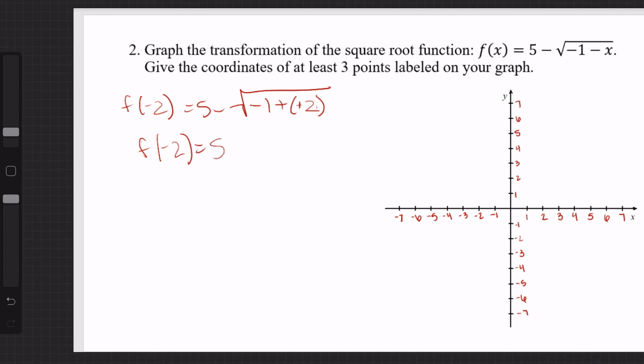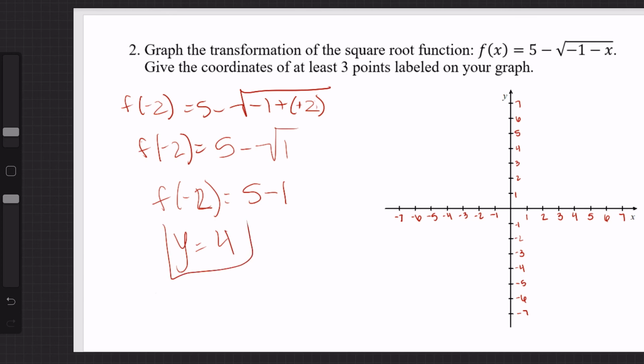So then it's 5 - √(-1 + 2), which gives us 5 - √1, and any root of 1 is just 1, so that gives us f(-2) = 5 - 1, and that is our answer. It's 5 - 1, which is y = 4.